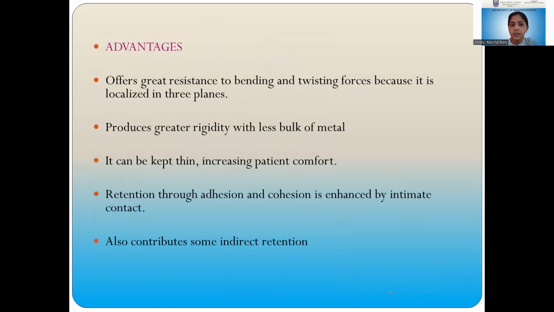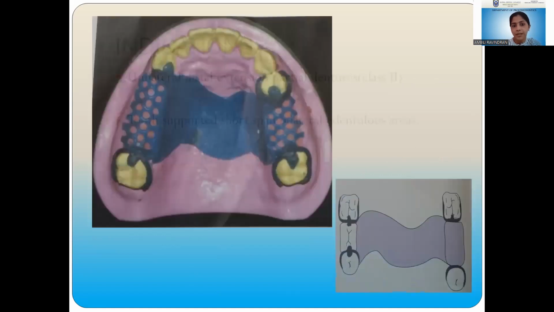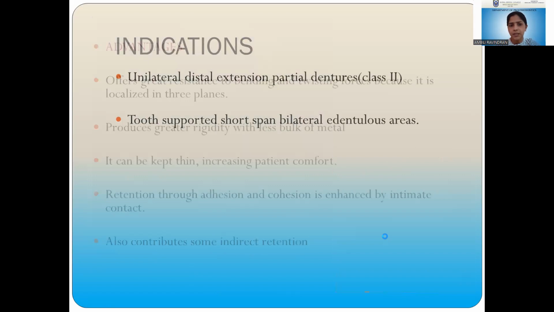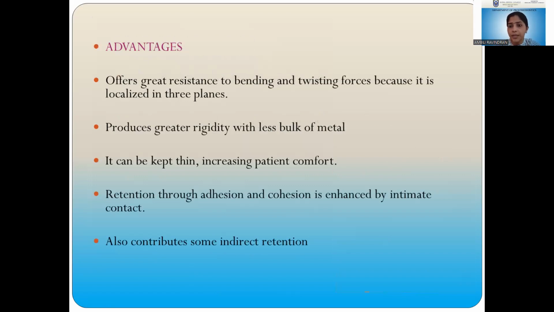This is the picture of the palatal strap, which is running across the palate, and it is 8 mm in width. It has many advantages. As it is extending in 3 planes, it can resist bending and twisting forces, and it will provide some amount of rigidity with less bulk of metal, and it will be comfortable for the patient.